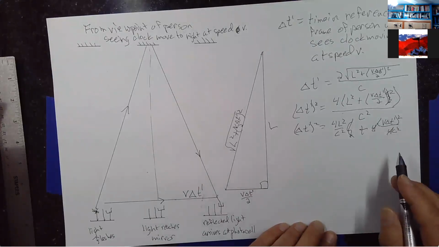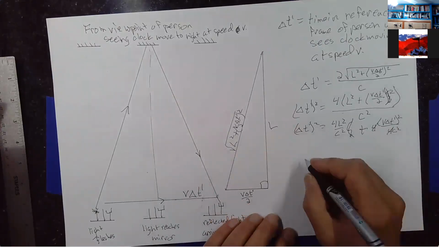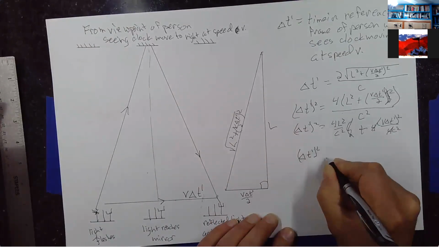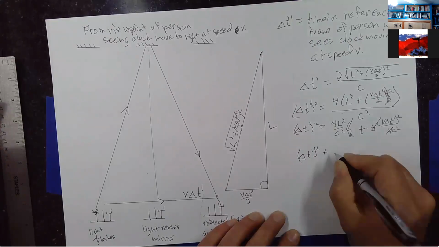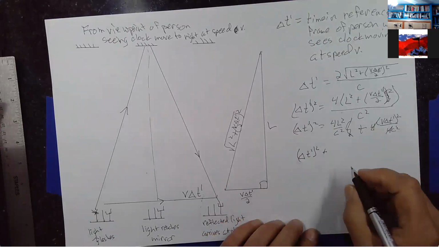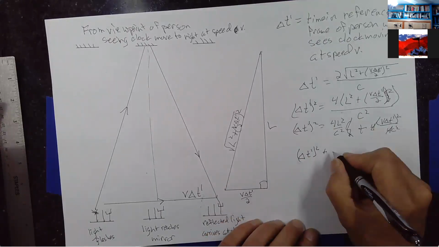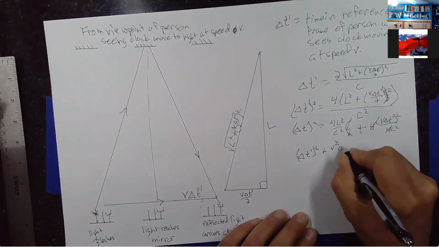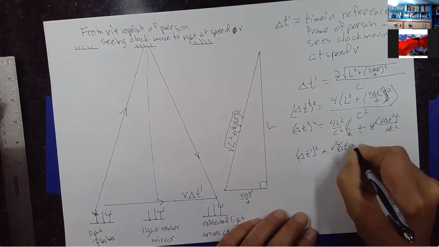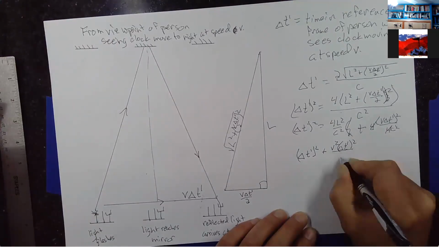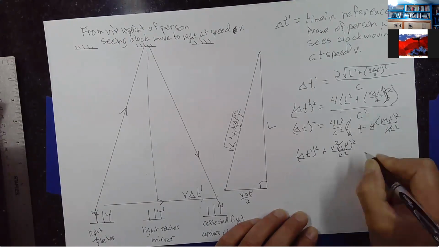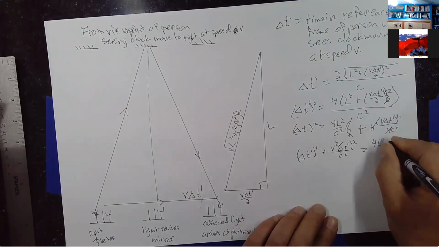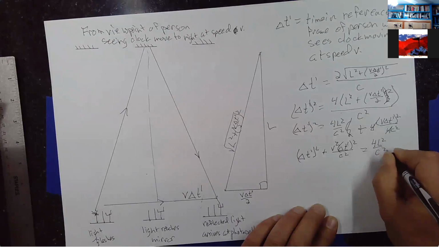And so I'll bring that across and I'll have delta T prime squared plus V squared delta T prime squared over C squared, and that will equal 4L squared over C squared.